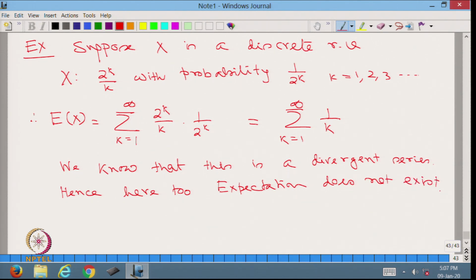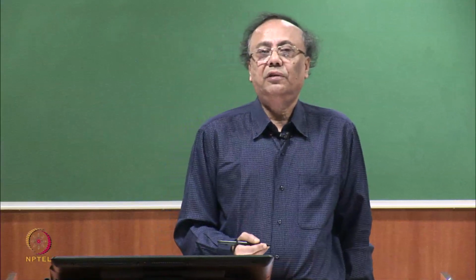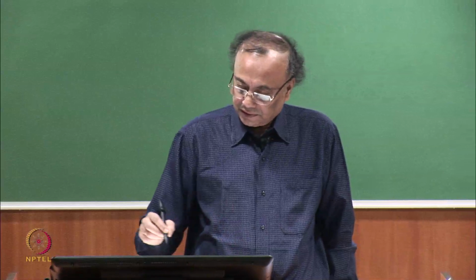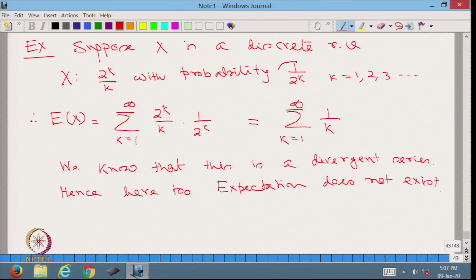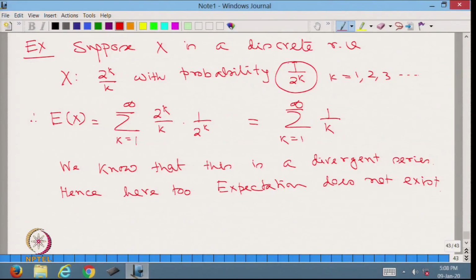So, this is another example where we find that the expected value of the random variable does not exist, although there is no problem in the definition of the PDF, because we know that this series sums to 1.